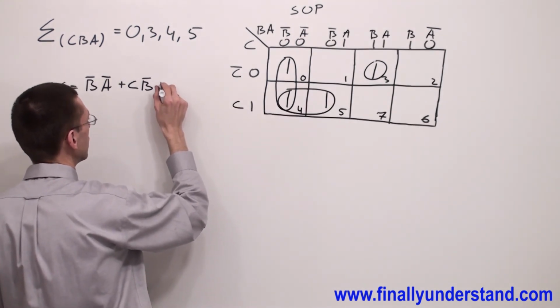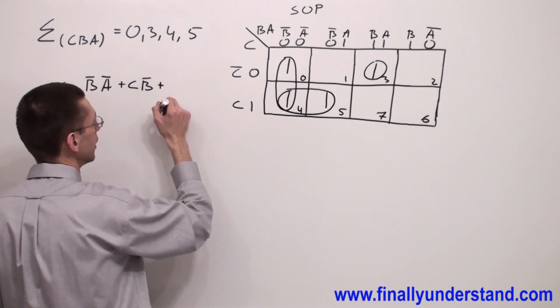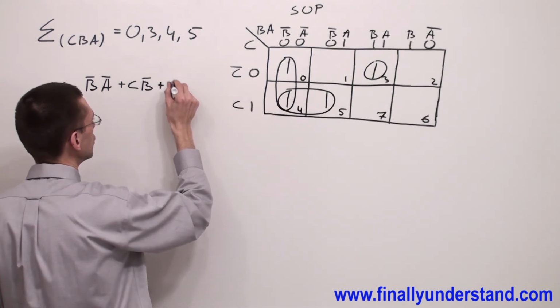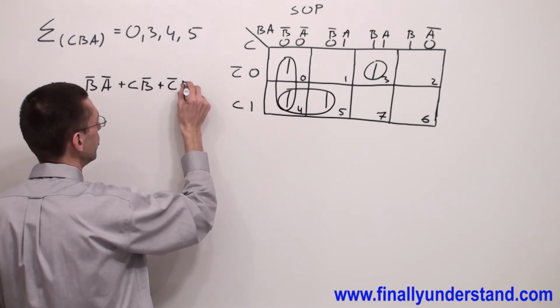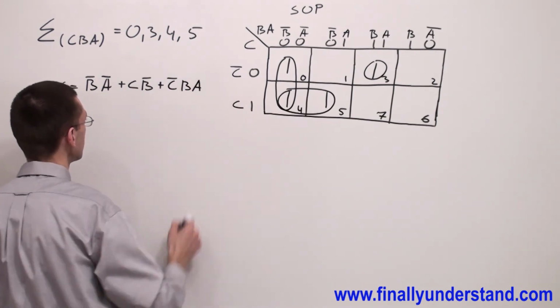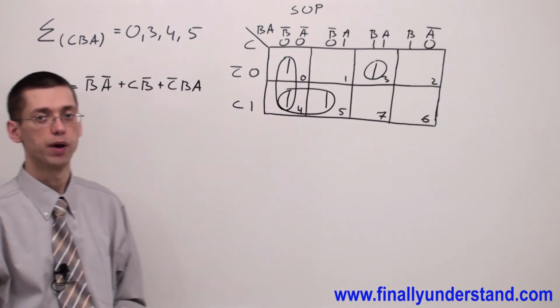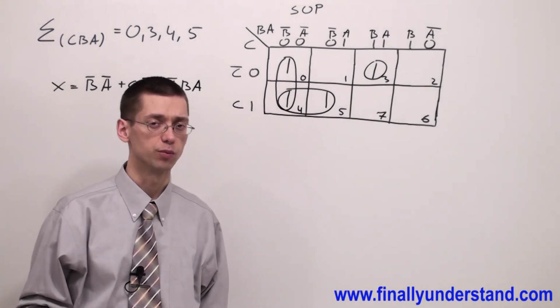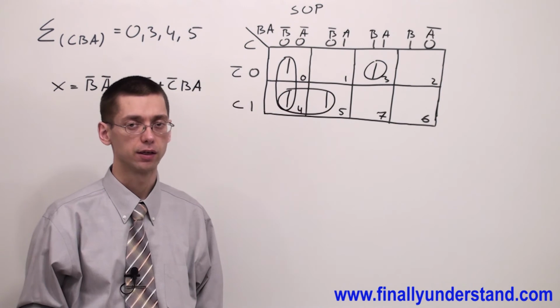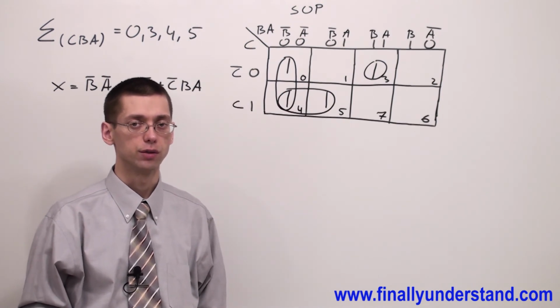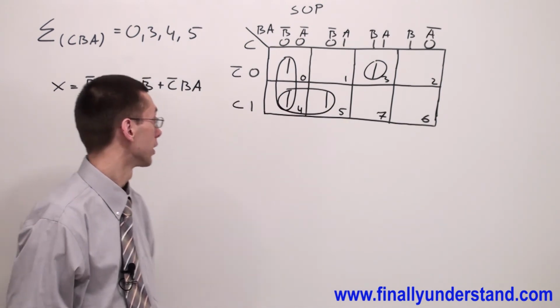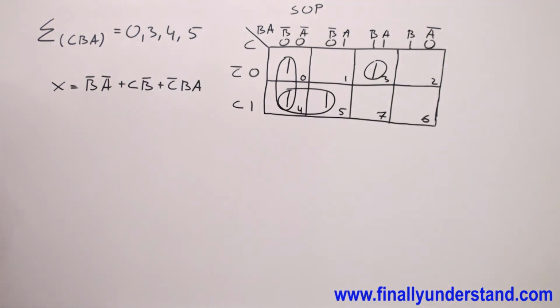So I have plus, and I have C naught B A. Remember, after using Karnaugh map, you cannot use Boolean algebra. You can do some factoring and conversion to the exclusive gates, but never use Boolean algebra.